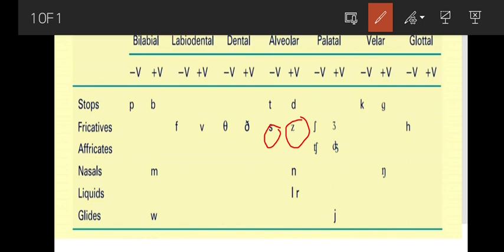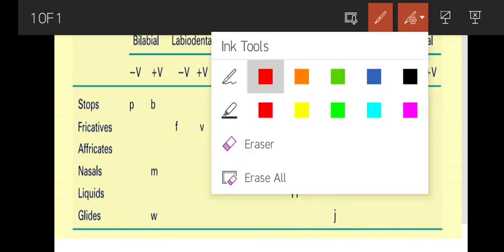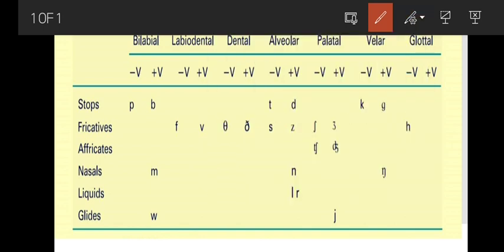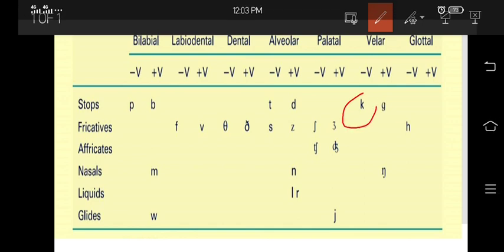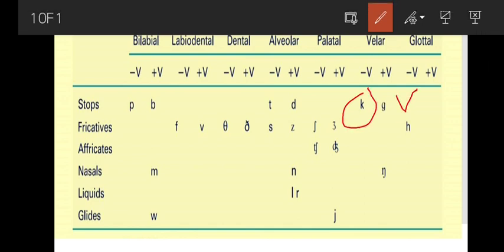Okay, let's discuss some more in context of voiced or voiceless. Let's take the example of two consonant sounds. One is k and the other is g.